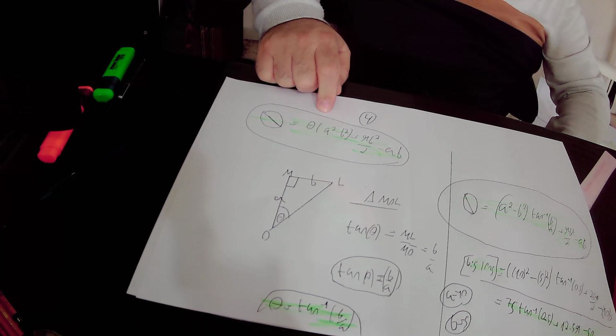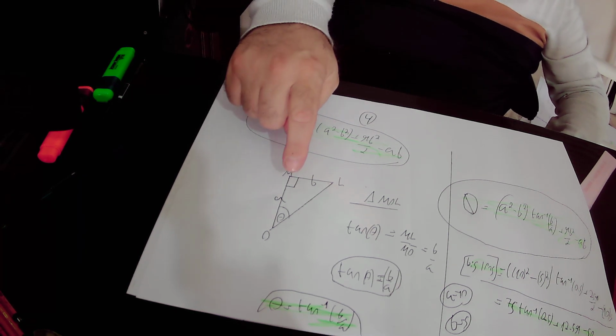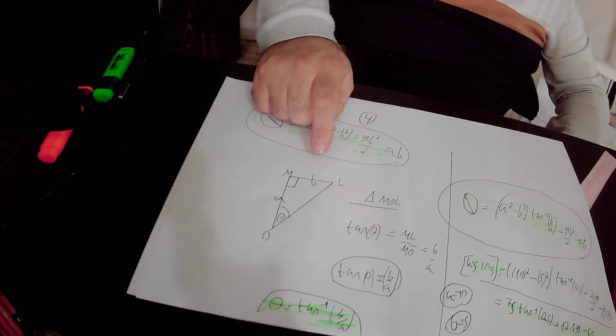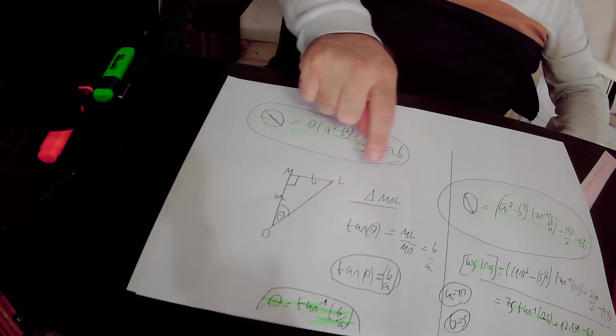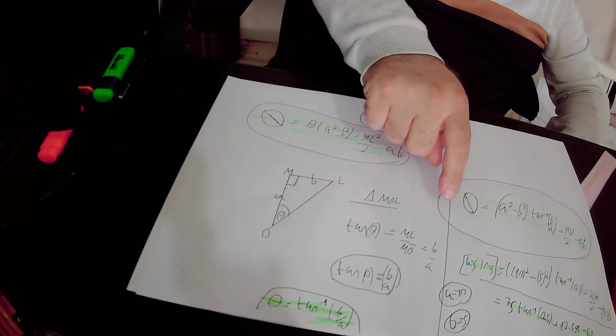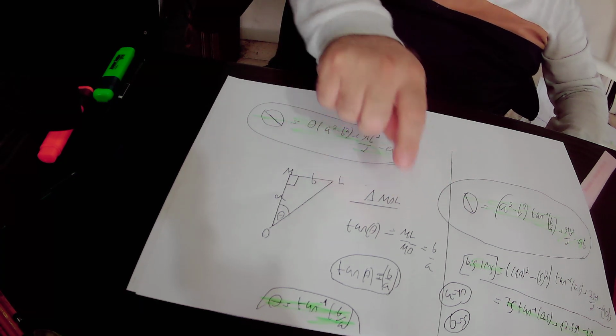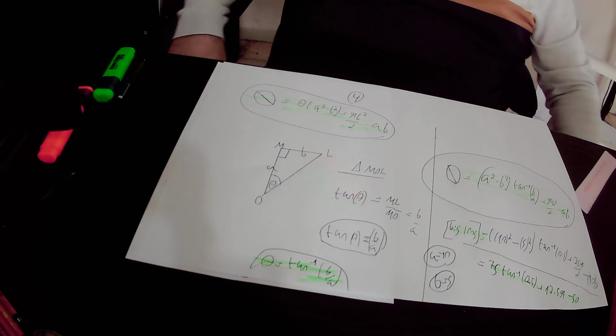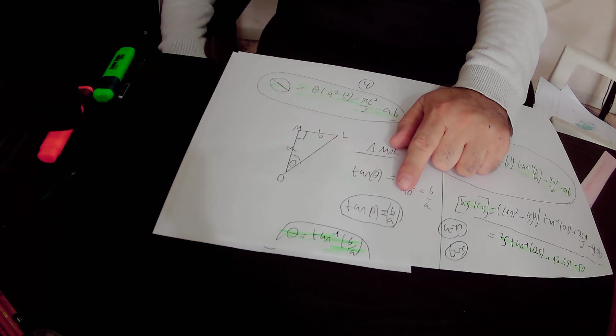In order to find the value of theta, we draw here the right triangle OML that we copied from the original drawing. In the right triangle OML, we know that tangent theta equals ML over MO, where ML equals B and MO equals A, so tangent theta equals B over A. But we don't want the value of tangent theta, we want the value of theta itself.